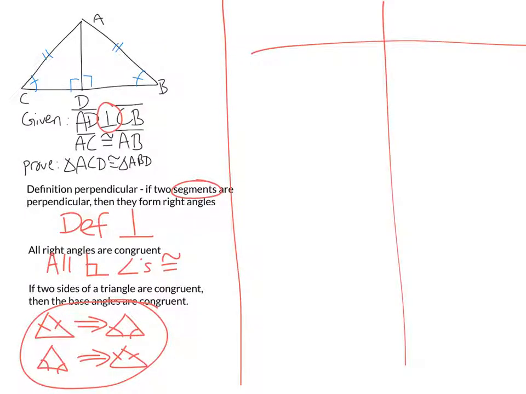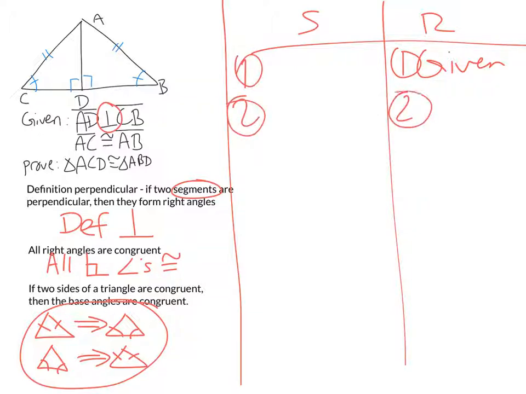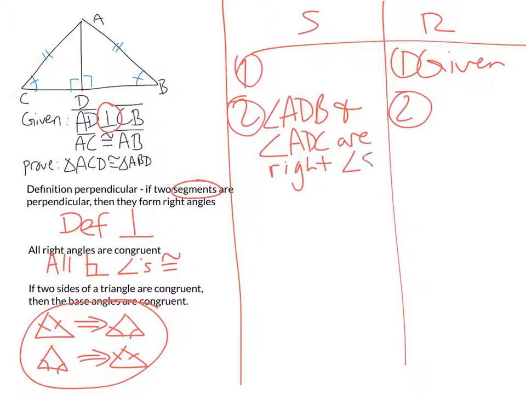All right, let's do this proof here. For this one, still starting out with our given. Step 2. Why don't we deal with the perpendicular first? First off, we get right angles, right? So angle ADB and angle ADC are right angles.